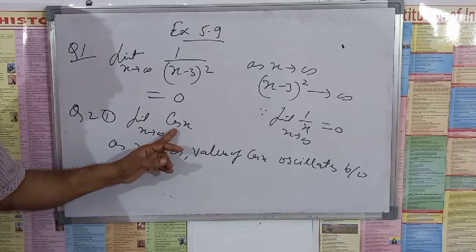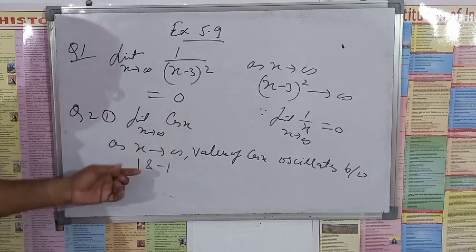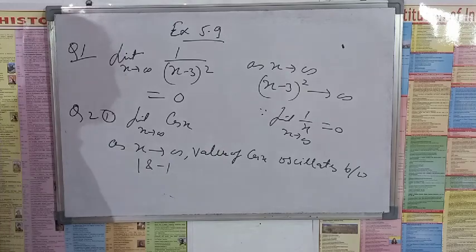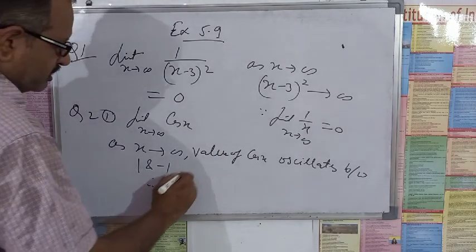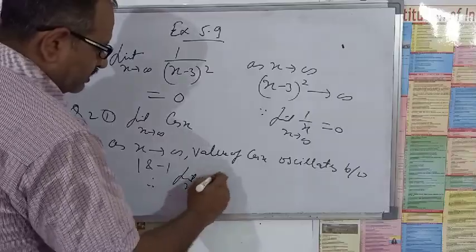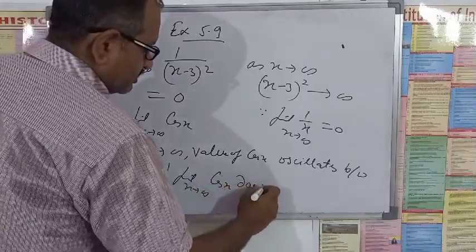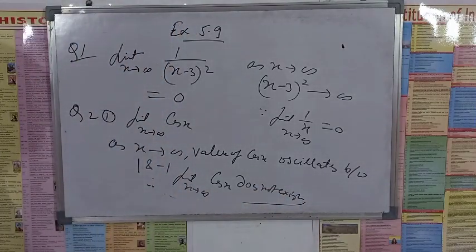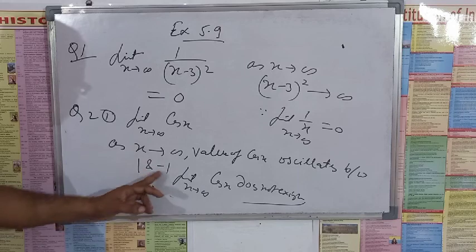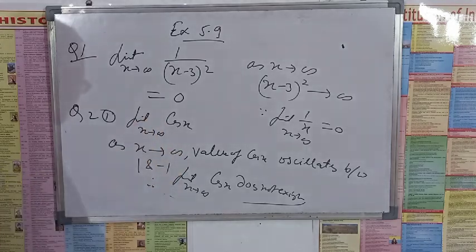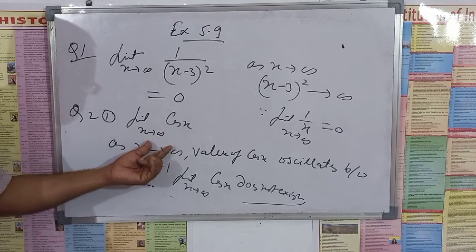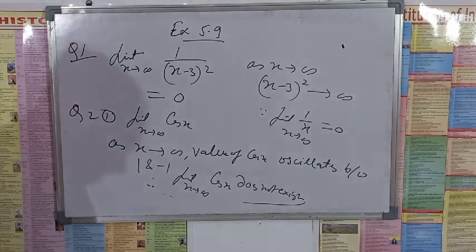So we can't say what the limit will be. The limit does not exist here. Therefore, limit of cos x as x tends to infinity does not exist, because the value oscillates between these two values and we cannot say the exact value.